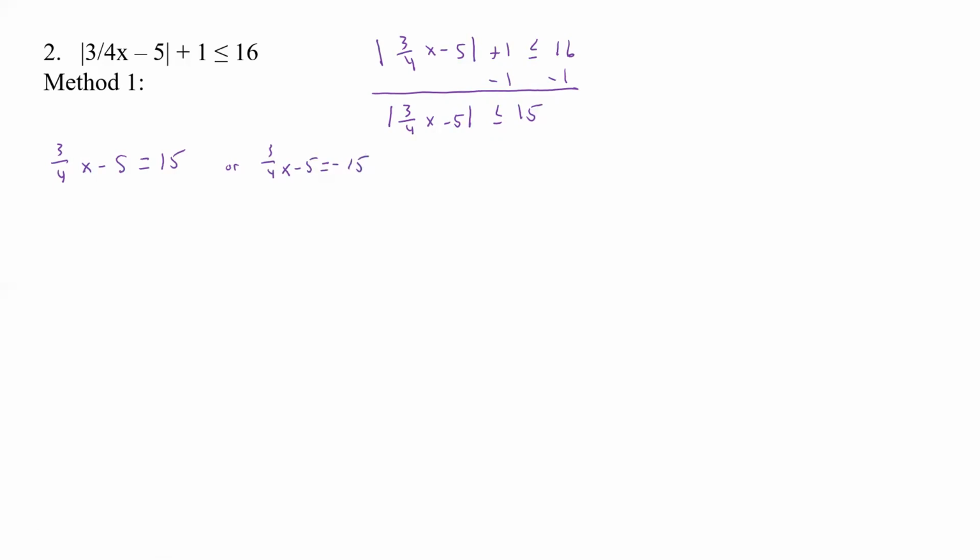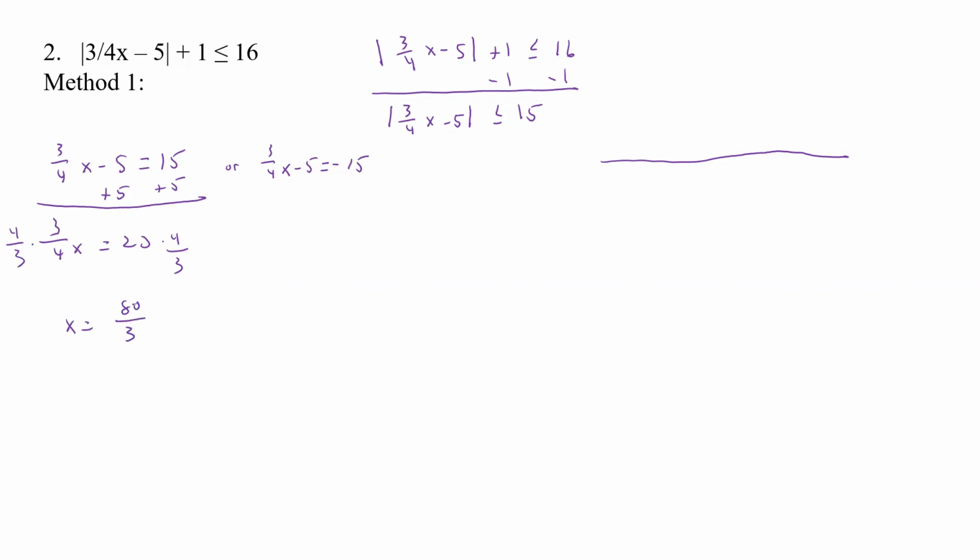Okay, and this is to get our 2 points where we can then get our test regions after we get these 2 points. So when we do this, we add 5. So 3/4 x equals 20. Now I'm going to multiply by 4 over 3. And so x equals 80 over 3.